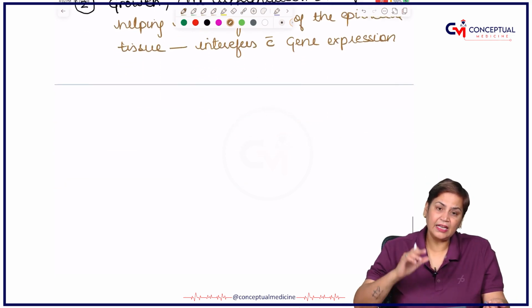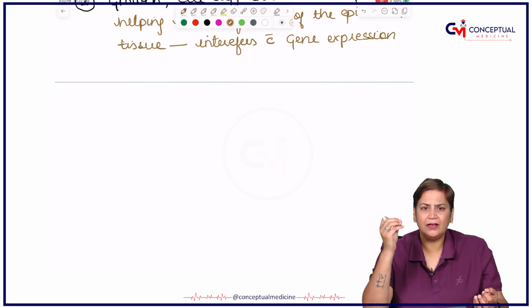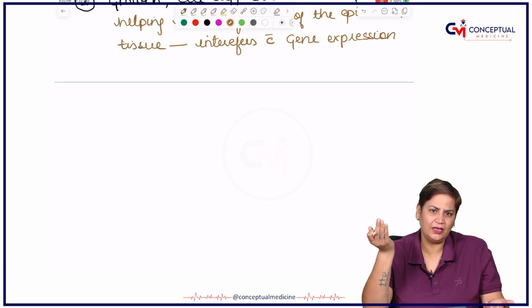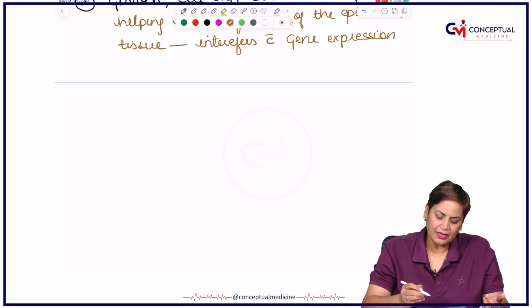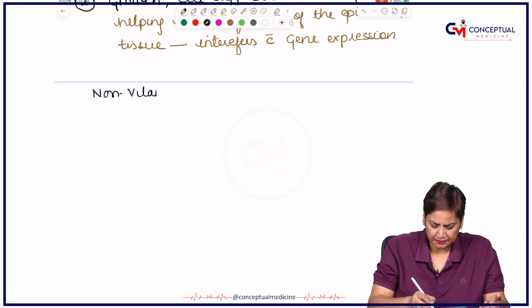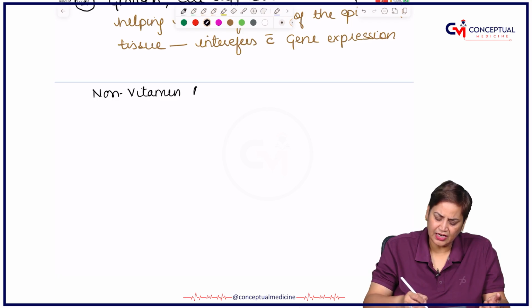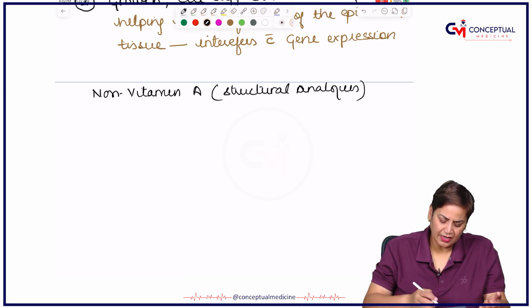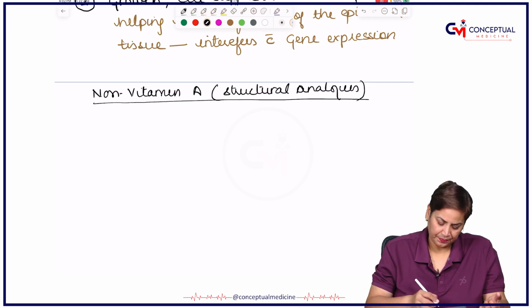Now there are certain other structural analogues which are resembling this carotene, but still they are not a component of this. So non-vitamin A carotenoids, or you can say the structural analogues. So if we talk about them, for example lycopene is there.